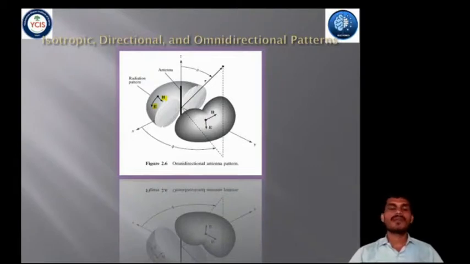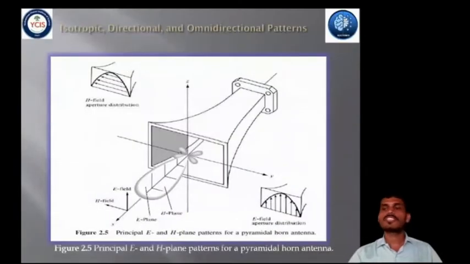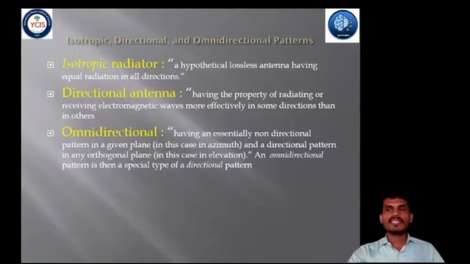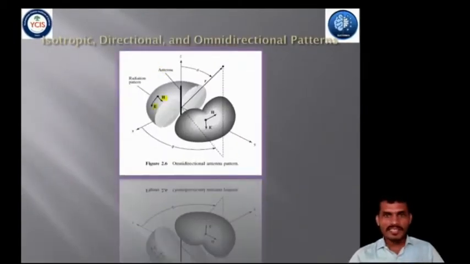An illustration is in figure 2.5. In figure 2.5, these are all discussed: this is the electric field and this is the magnetic field. Now the XZ plane is the elevation plane, where phi is equal to 0, and it is the principal E plane.